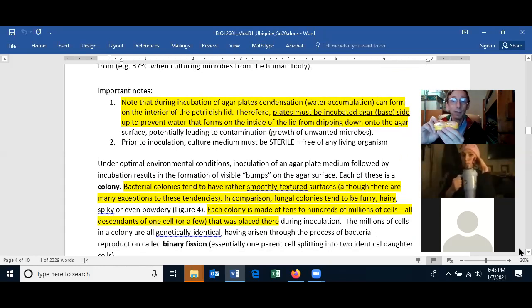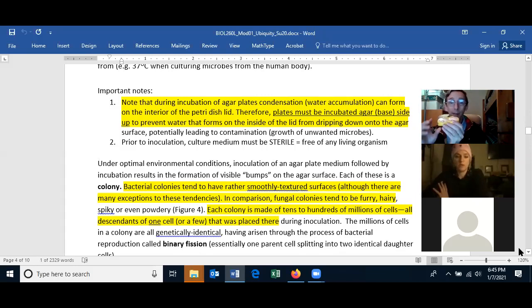If you were to incubate the plate right side up, from the bottom, which has the agar, and that's where the moisture is, the temperature would bring the water out, which would then condense on the lid of the plate, and then droplets would form, and they would fall back on your culture, dispersing and potentially ruining your culture. So you don't want to grow agar plates in the incubator right side up.